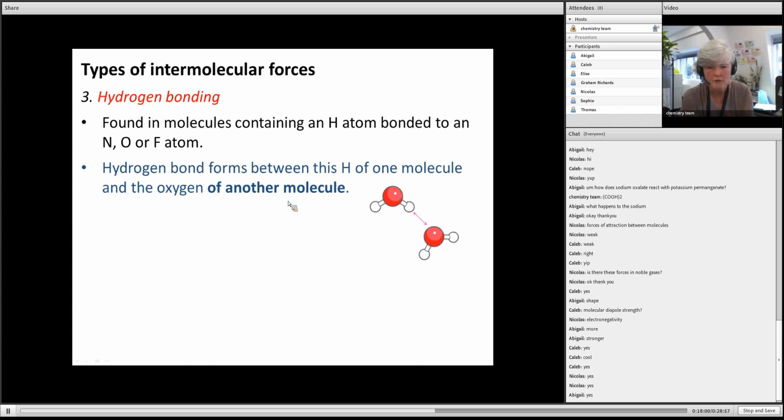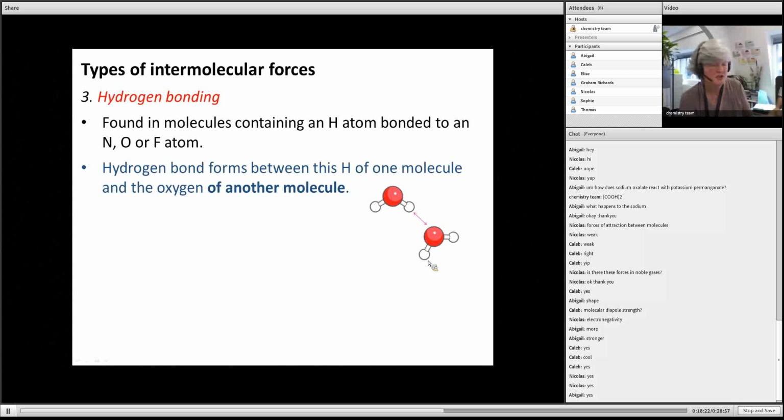Always read over your definition when you write it, because ask yourself, is it clear to the teacher that I'm talking about one molecule and another molecule? So in other words, the hydrogen of one molecule with the oxygen of another molecule.